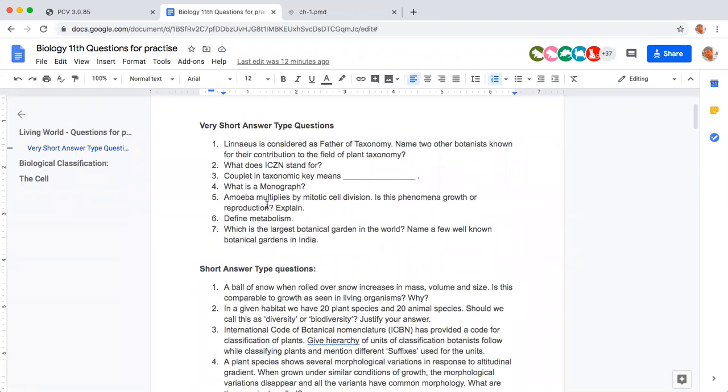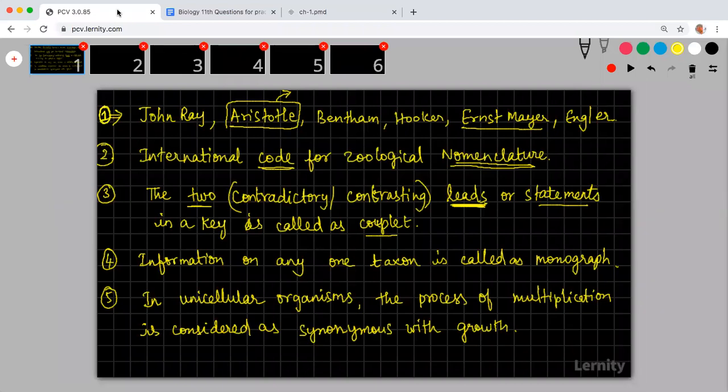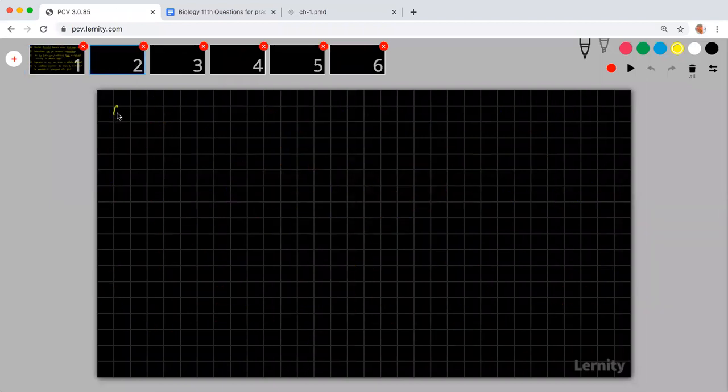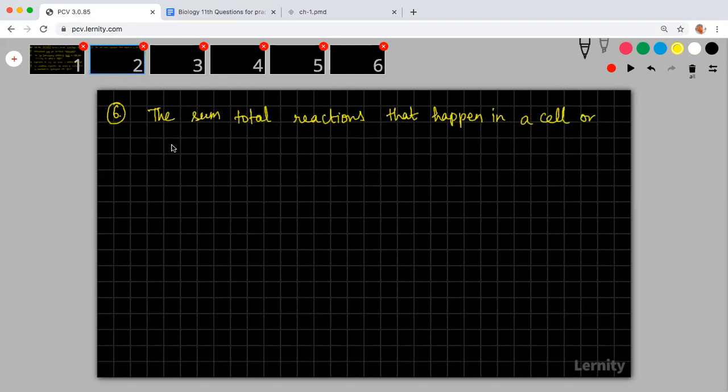So I have answered the 5th question. Now going to the 6th question, define metabolism. What is metabolism? The sum total of chemical reactions that happen in a cell or organism is called metabolism.